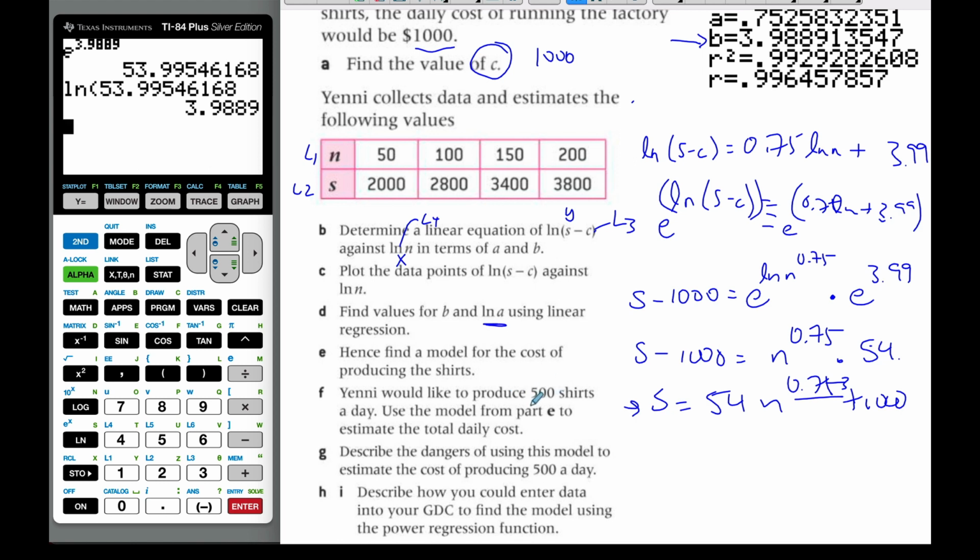Jenny would like to produce 500 shirts a day. Use the model from part E to estimate the total daily cost.